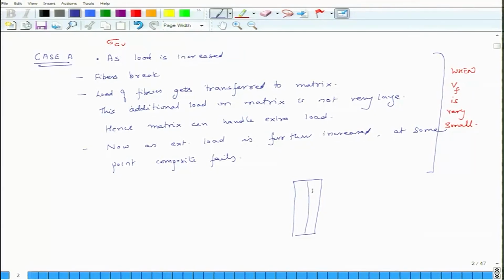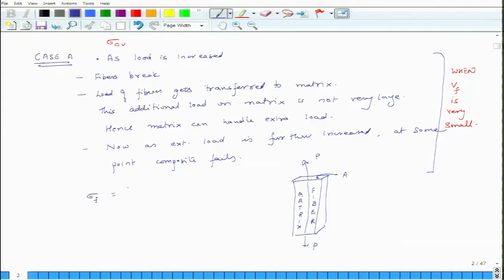So, let us say this is fiber and this is matrix, and I am applying a load of P. Let us say the cross sectional area is A. So, sigma F will be what?